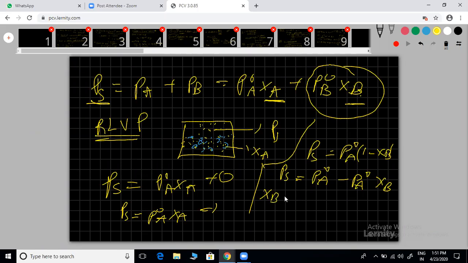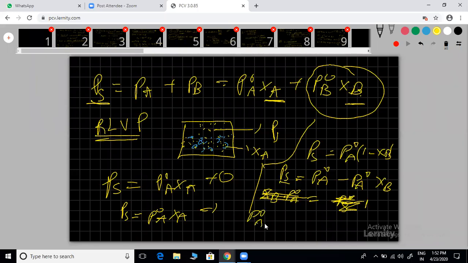XB into P naught A equals P naught A minus Ps. You can take this negative and rearrange Ps.